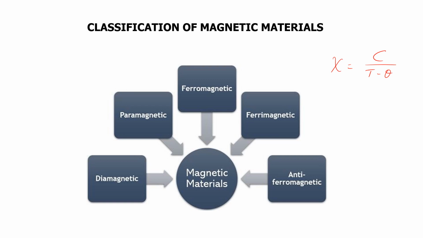Then coming to the ferromagnetic material, in ferromagnetic materials the number of unpaired electrons is more. Most of these spin magnetic moments point in one direction. Hence, even in the absence of an external magnetic field, the magnetic moments align themselves parallel to each other.